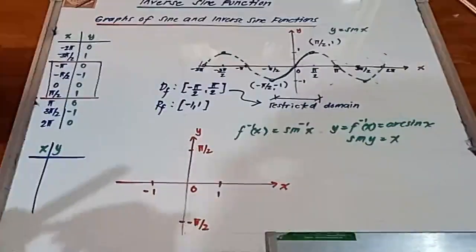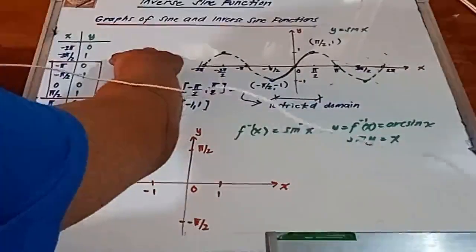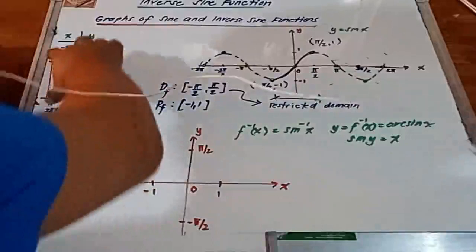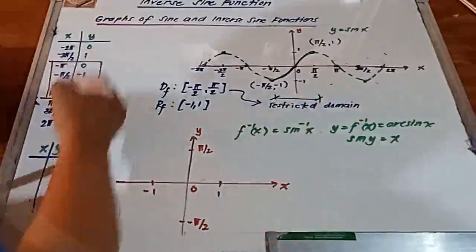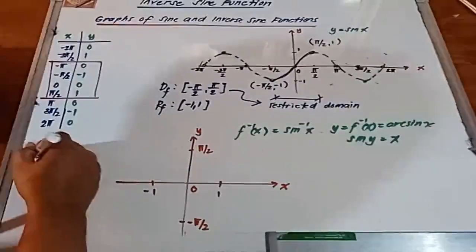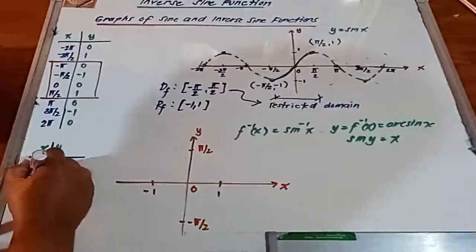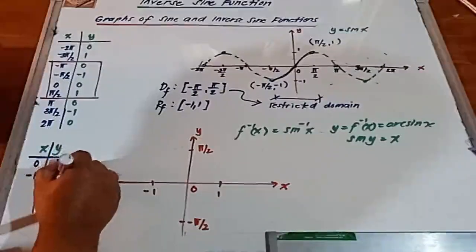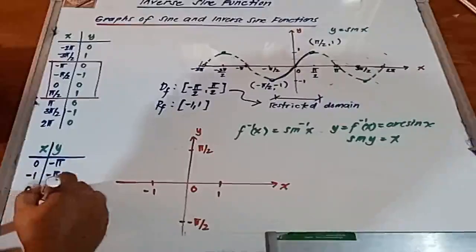Okay. Now, so ang kanyang y value magiging x value, at ang kanyang x value magiging y values. So, ganito mangyayari. So, this will become -pi/2, -1, then 0, 0, and then pi/2, 1.